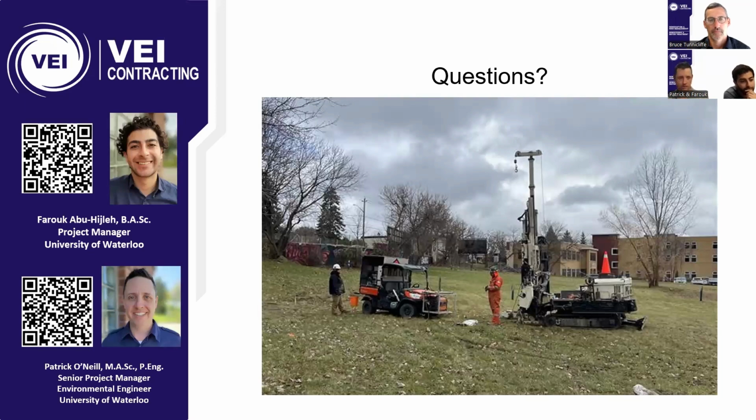If you've already gone through your hydro-G assessment and you maybe have questions or data gaps, this is also a good application to fill in those data gaps and confirm what you're seeing on the hydro-G across the site. Like we pointed out before, a lot of your hydro-Gs are done on a couple of wells, a couple of points of data applied across the entire site. But especially in Ontario, you can get areas with very high heterogeneity across the site.